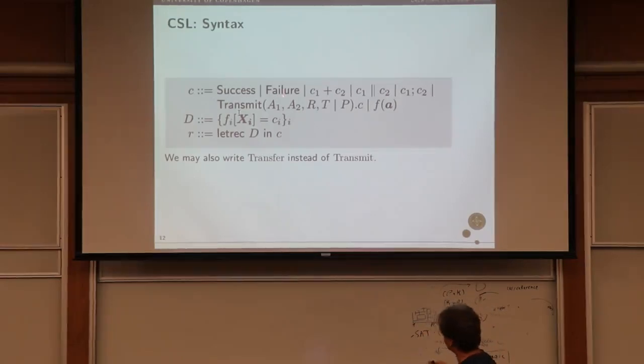We'll just write this as failure, or it's the choice between two contracts. So if you want to satisfy a contract C1 plus C2, you can do it in one of two ways. Namely, you can satisfy the contract C1, which means a sequence of events has to satisfy C1, or it can satisfy C2. Either way is fine.